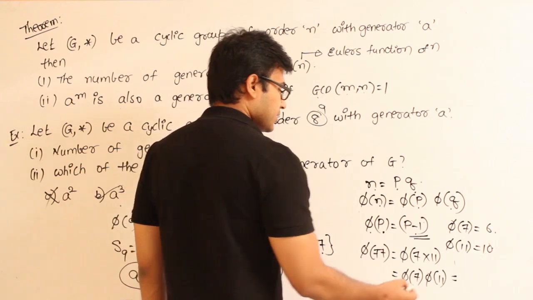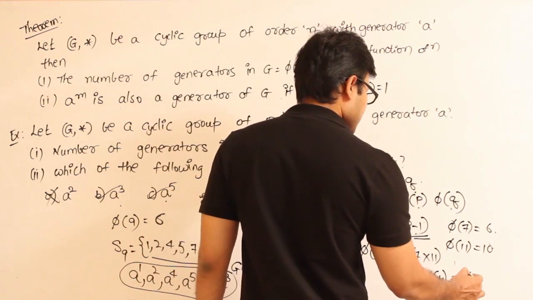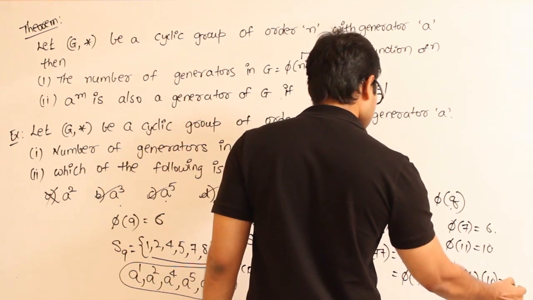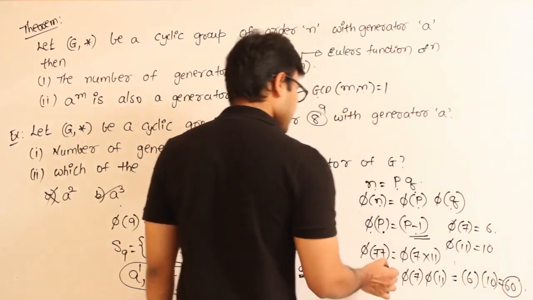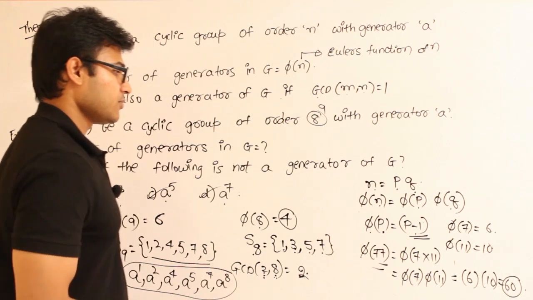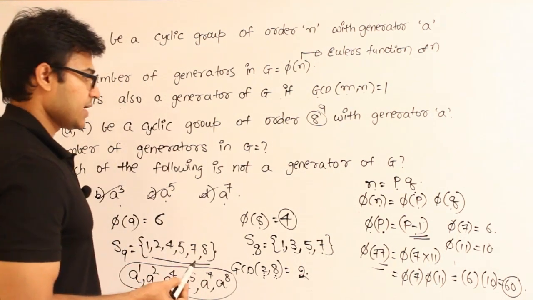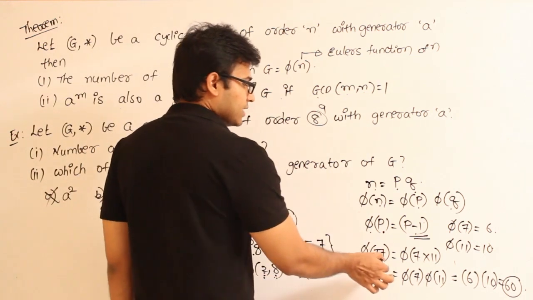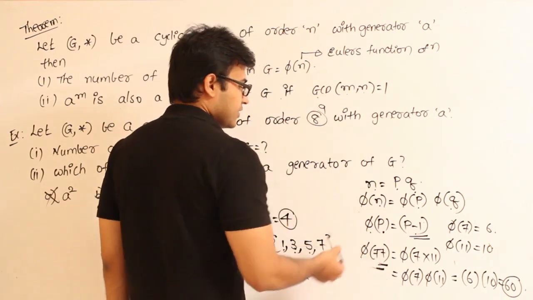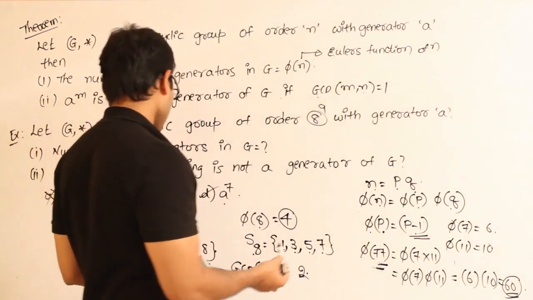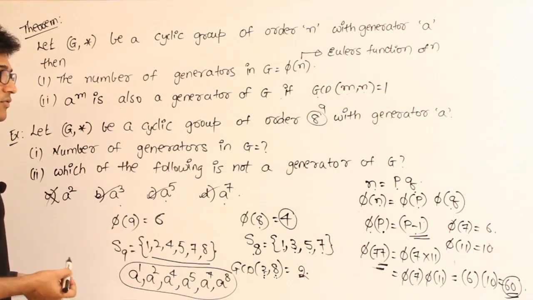Then it is nothing but 7 minus 1, which is 6, into 11 minus 1, which is 10, which means 60. 60 numbers less than 77 are relatively prime to 77. Therefore, if a group has 77 elements, then the number of generators is going to be 60. But if you want to count using the direct method, it is going to be very difficult.